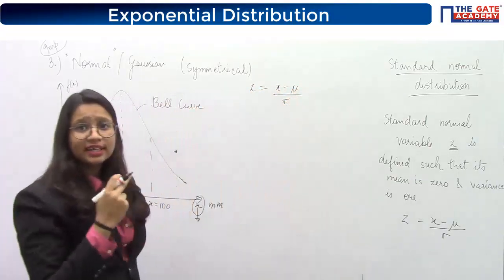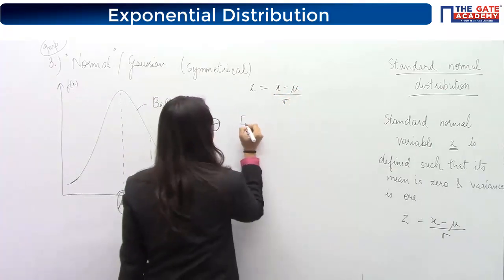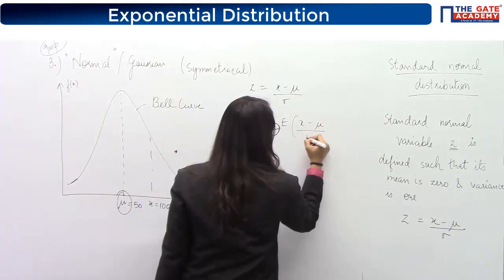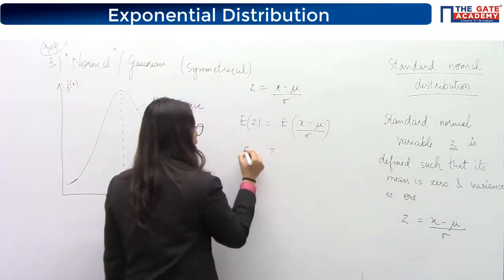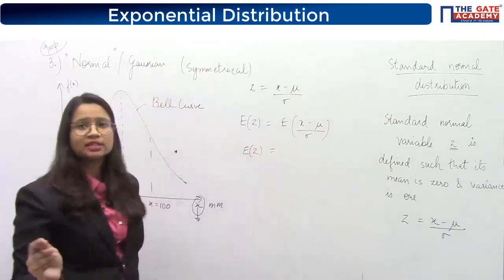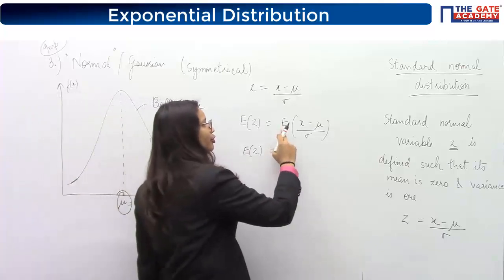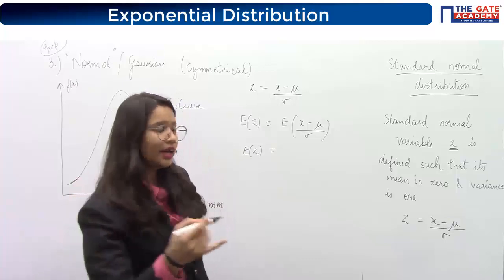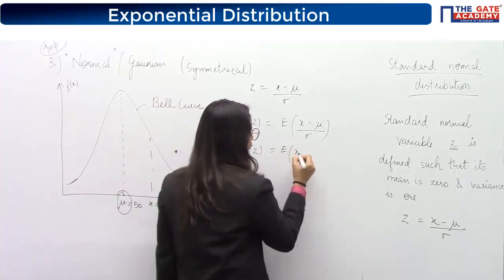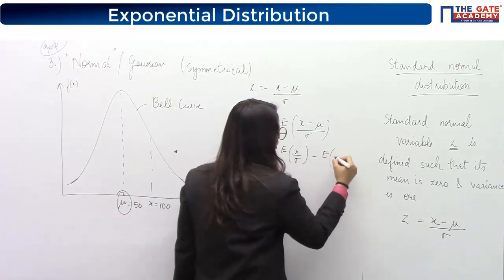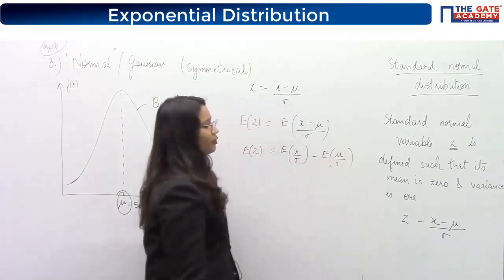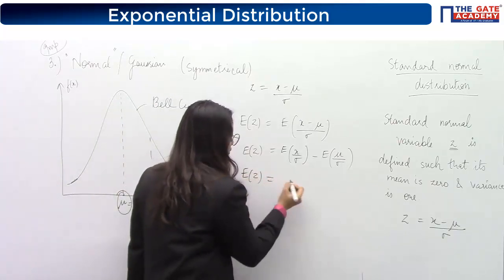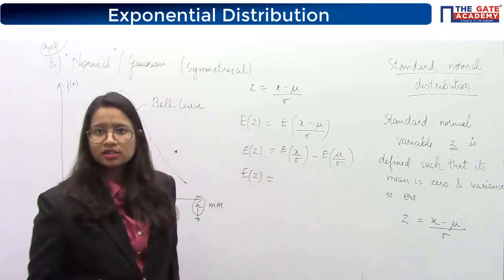To prove that this z has mean 0, just take the expectation on both sides. Now if you do not remember the properties of expectation, please turn your pages. E of x minus y can be written as E of x minus E of y. Do you remember it? Now E of z: this sigma is a constant.